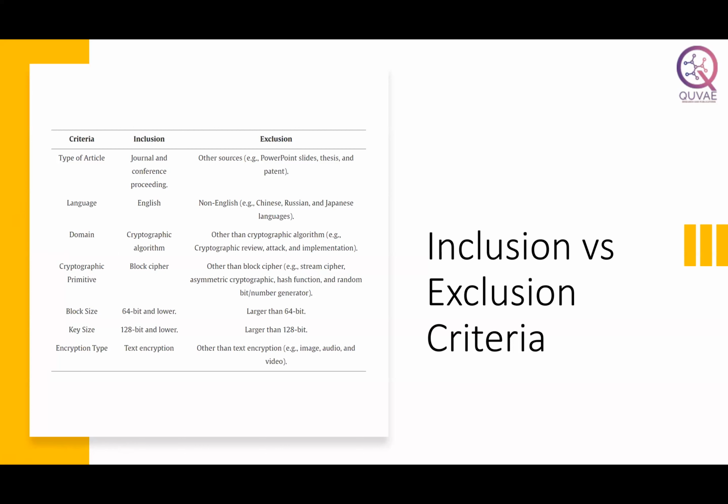So other than that, reviews, attacks or implementations will not be included. So I only look for the algorithm. Cryptographic primitive is a subdomain, and there may be another subdomain that you want to focus on.